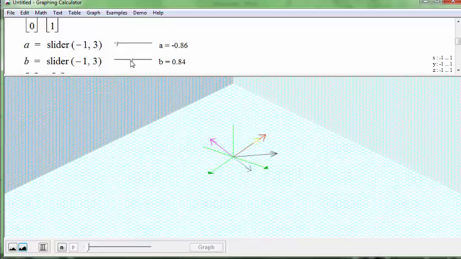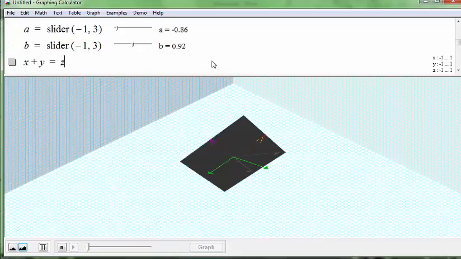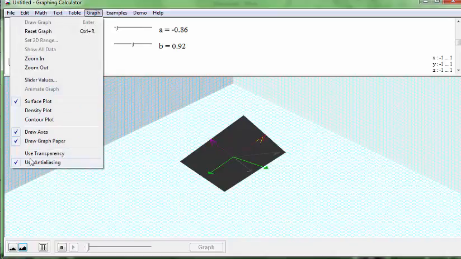So if it's still hard to visualize, what we can do is actually write the equation of that plane. What is it? x plus y is equal to z. And let's make this a little bit transparent so we can see it.